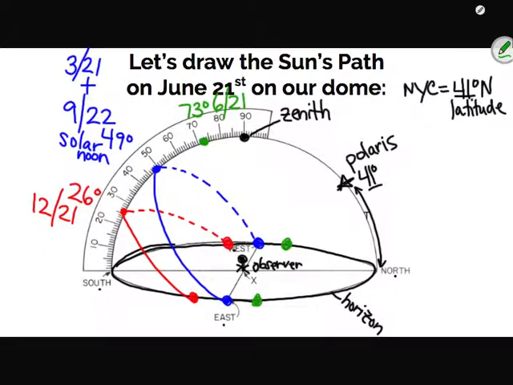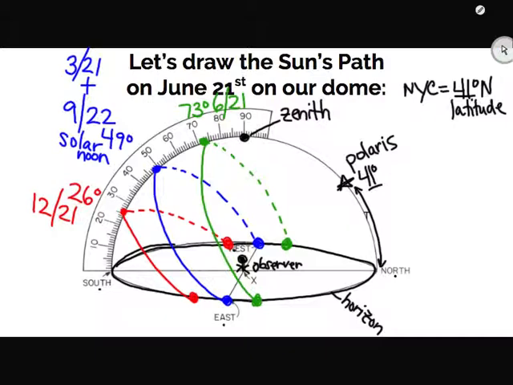So I'm putting my green dots there. I like to use green for June because it makes me think of green grass and trees and leaves because it's the summertime. And now again, I'm going to draw my line from sunrise all the way up to solar noon, and then a dashed line where the sun sets in the west.